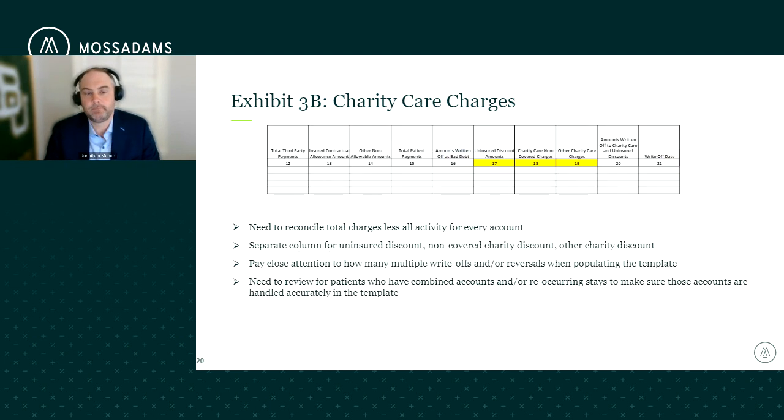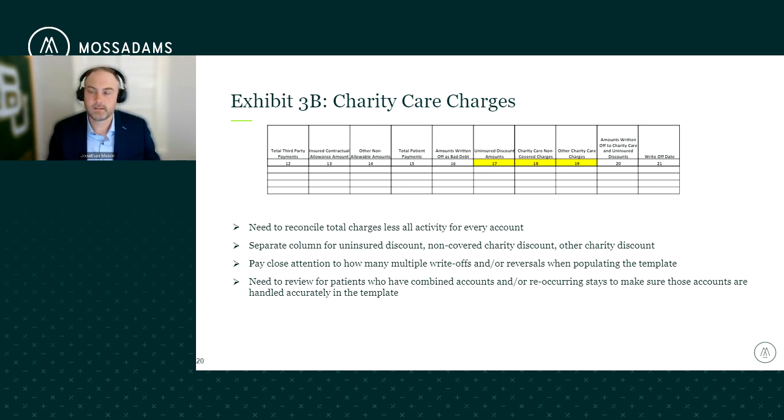And then on the second part of the slide, before I get to a couple of the highlighted fields, if you're familiar with doing the audited templates, these are somewhat similar. There's a few differences, but one of the big areas that takes the most time is reconciling the account from the total charges on the previous slide, all the way from the third-party payments and contractual adjustments down to ultimately what was written off as charity care.